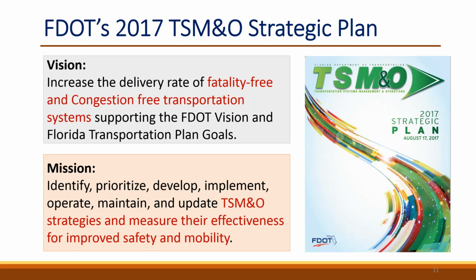How many crashes, if any, are we reducing? How much are we increasing the average travel time, or how reliable is the travel time when driving along this corridor? So measures of effectiveness is very critical in evaluating the success of the TSMO strategies.